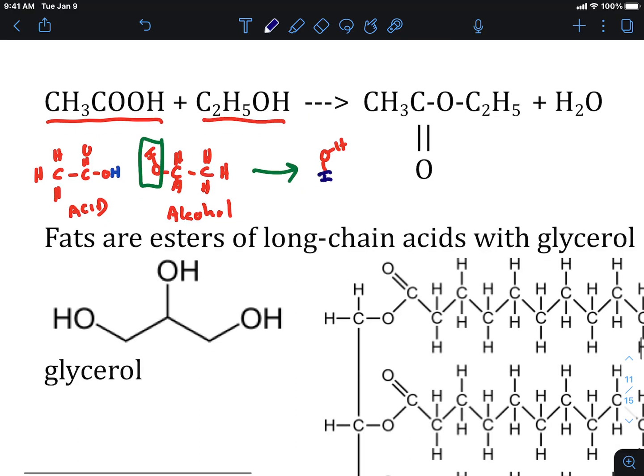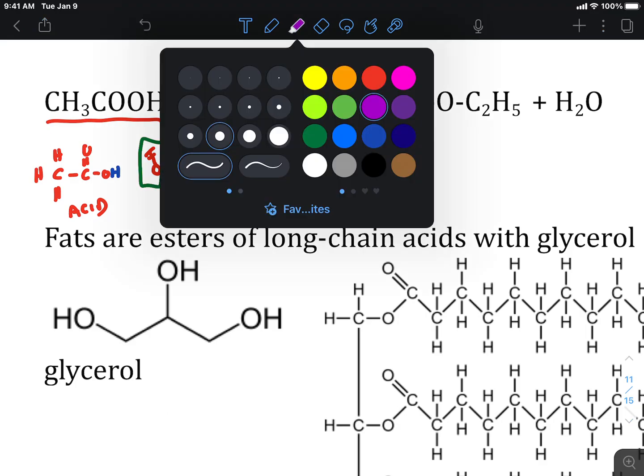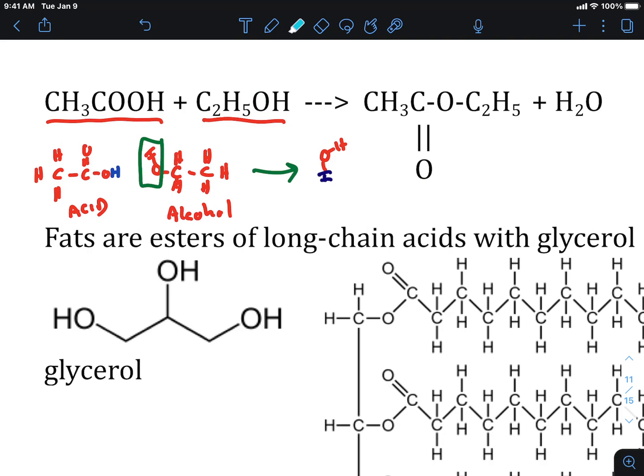And then, when the other part, the acid component, right here, oh, that's big. That part is right here.